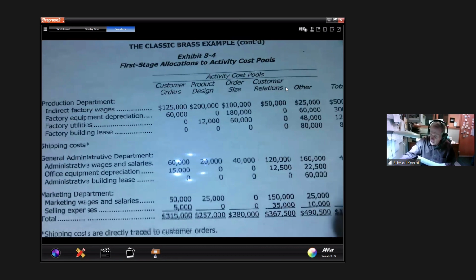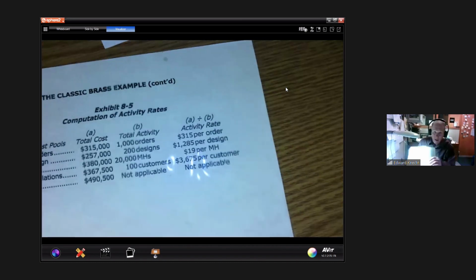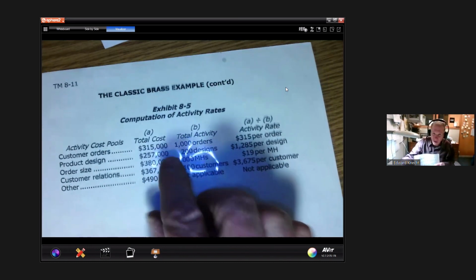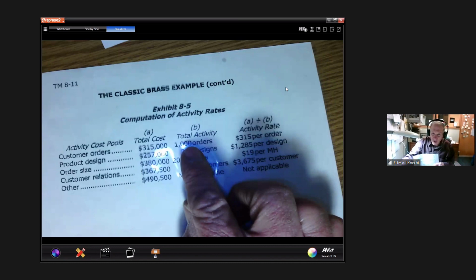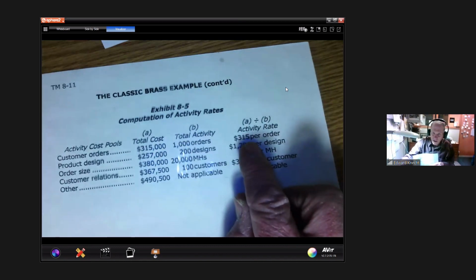We're not going to get an activity rate for that one. Then you divide each of these totals by the activity measure. We calculate the activity rate by dividing our total costs by the number of orders. So we have 315, that's the activity rate for customer orders.